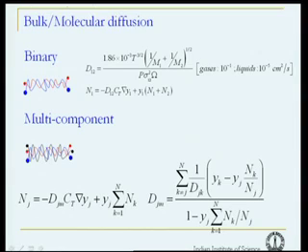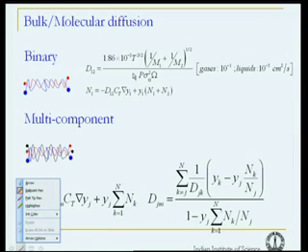Correlations such as D12, for example, which involves temperature, these are Fuller-Giddings correlations. There are similar correlations from other researchers also, but by and large they are more or less the same.